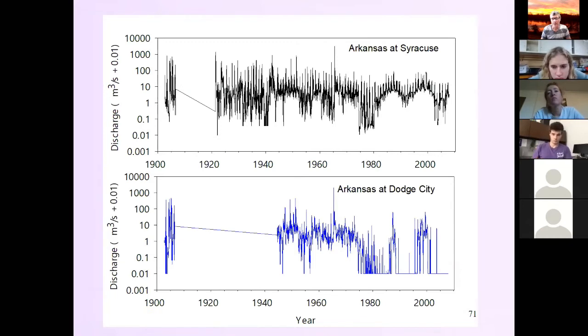And this is the Arkansas River at Syracuse, which is the border of Colorado and Kansas, and Dodge City, which is about halfway through south central Kansas. We go all the way from 1900 here, then there's a break in the records here, and then we go up to almost the present. What we see is what happened in the 30s that's really important hydrologically: the Dust Bowl.